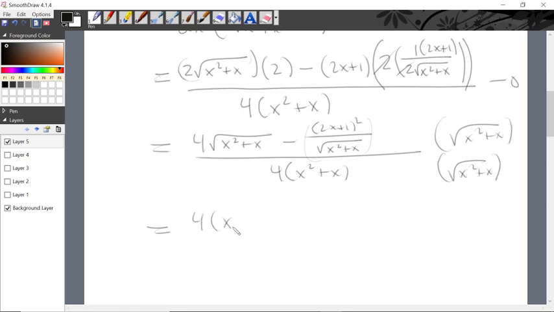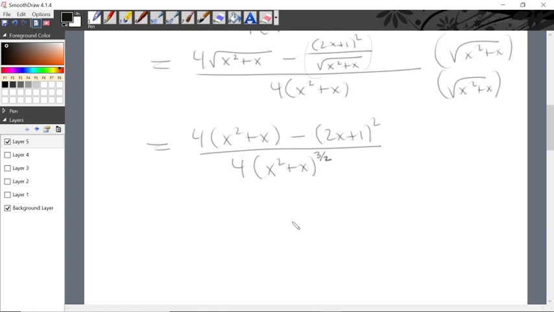So 4 times the quantity x squared plus x minus, here we're going to get cancellation. So we're going to get the quantity 2x plus 1 squared. And in the denominator we have 4 times the quantity x squared plus x, which is then going to be to the power of 3/2. And so there's our second derivative.